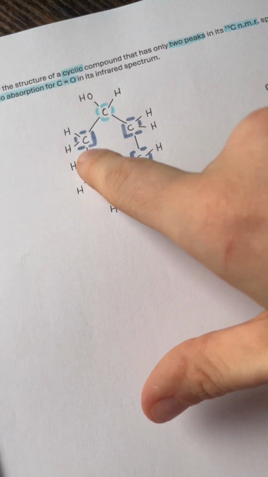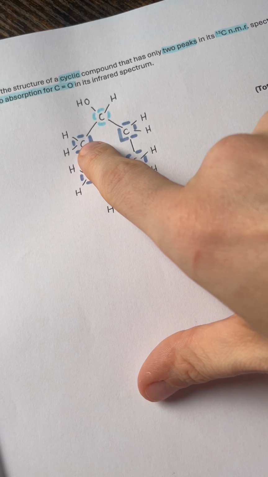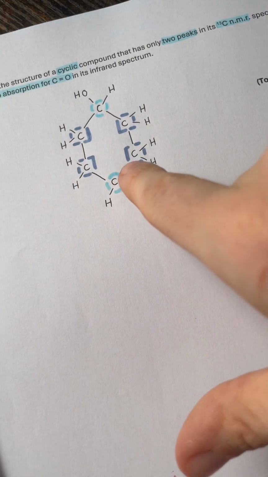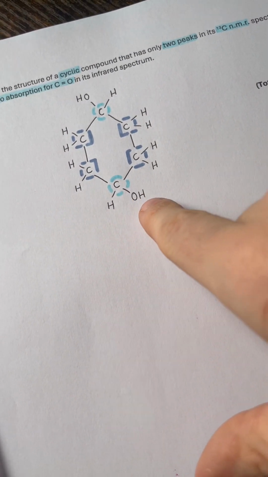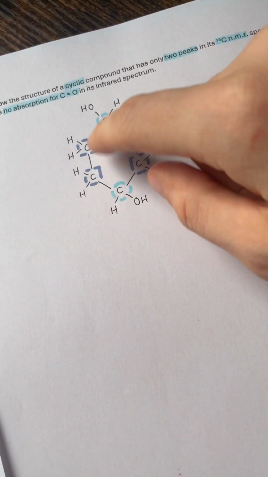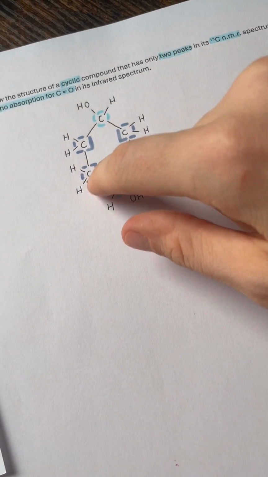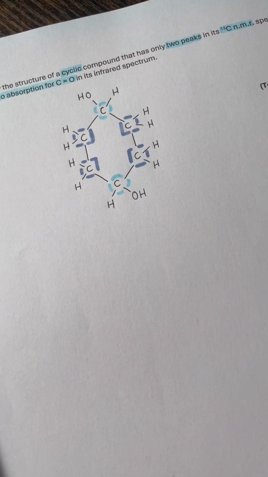And we can say the same thing for all 4 of those. So they're one environment, and the light blue carbons with the OHs are a separate environment because they've got the OH on, which the bluey grey ones don't.